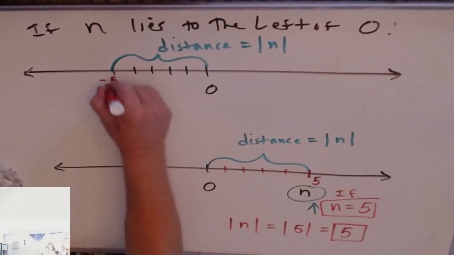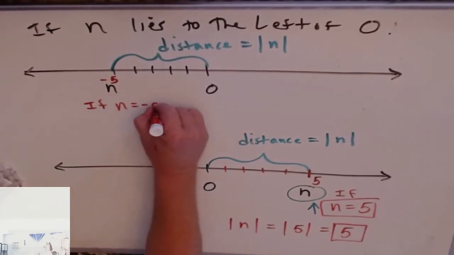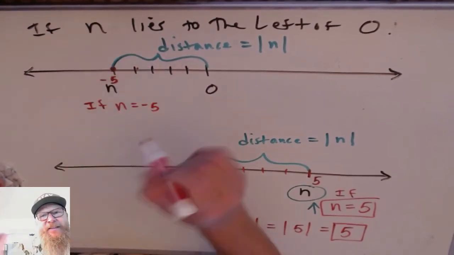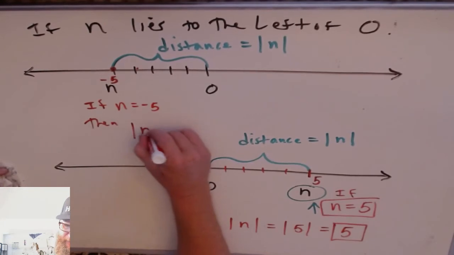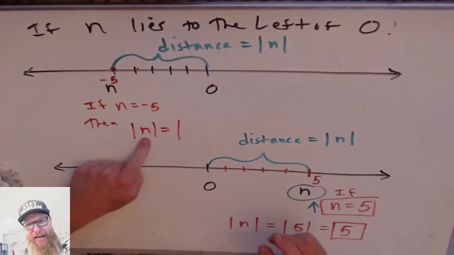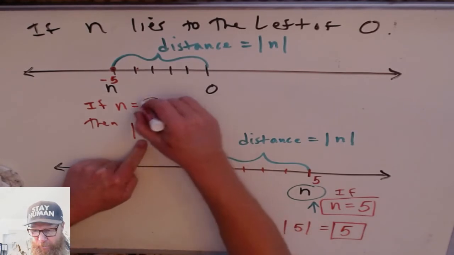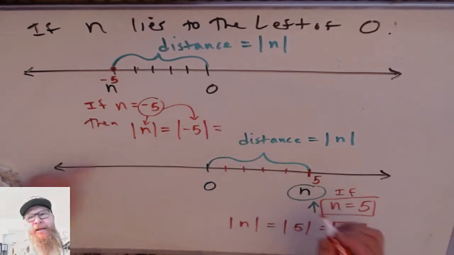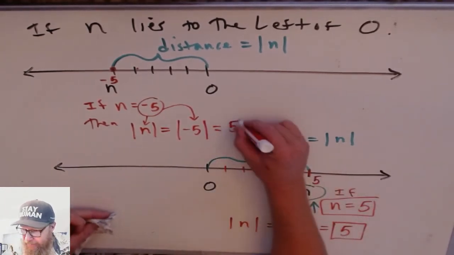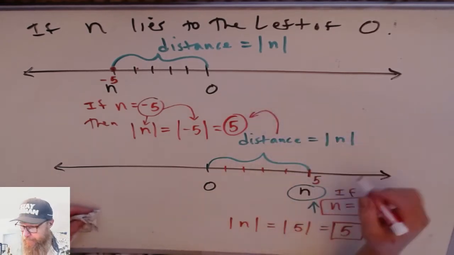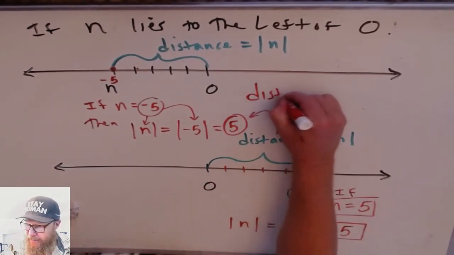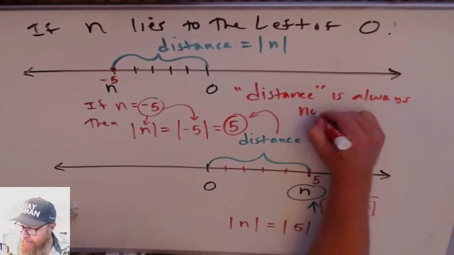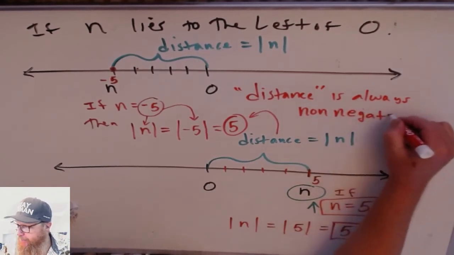So in this case, if n is negative 5, so 1, 2, 3, 4, 5 right here, the distance, we're not going to say negative n. We're still going to say n, but we're going to replace n with negative 5. And the distance is still 5. So in other words, distance is always positive, or it's at least non-negative.